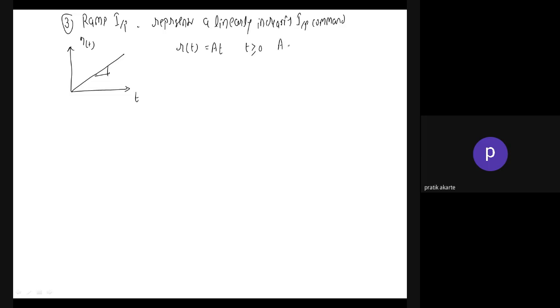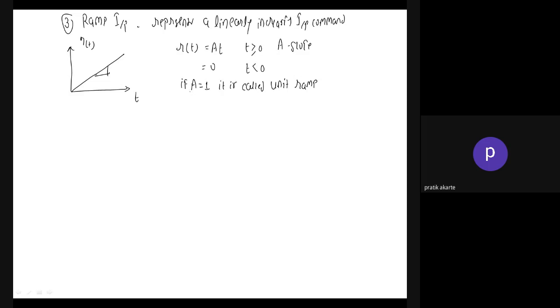Here a is the slope of this inclined line, and at t less than 0, it is equal to 0. Now again, if a is equal to 1, it is called a unit ramp. When the slope is 1, we call this a unit ramp input.